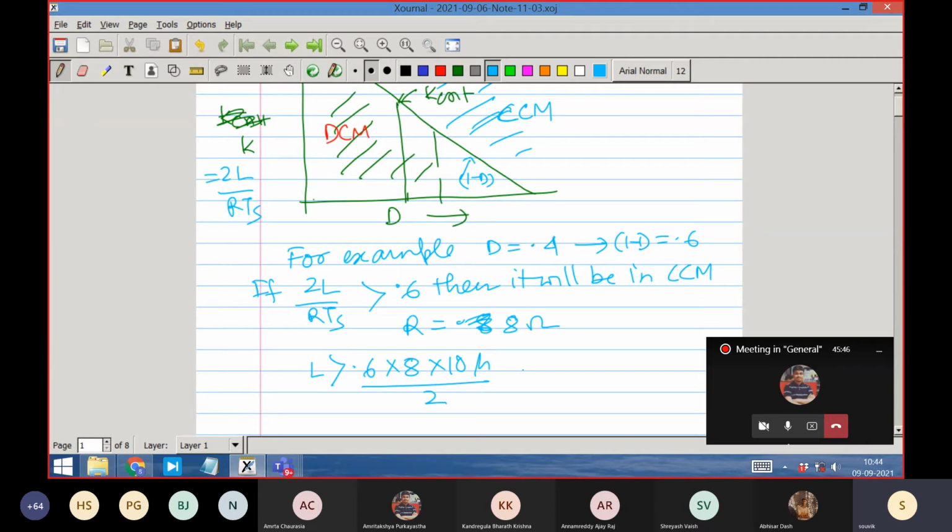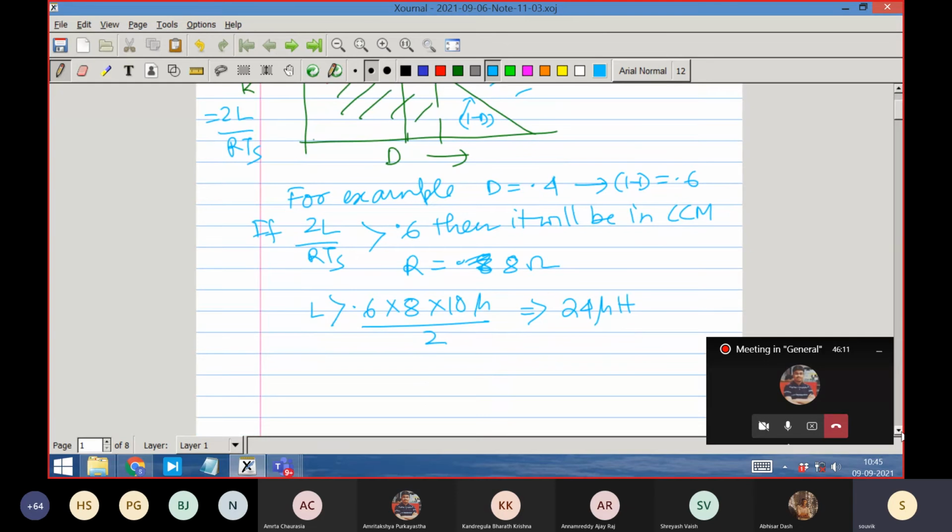So that means it is 24. So it is greater than 24 microhenry. Earlier we had chosen 10 microhenry to start with, isn't it? Yes, sir.